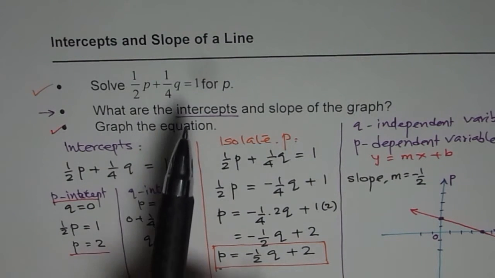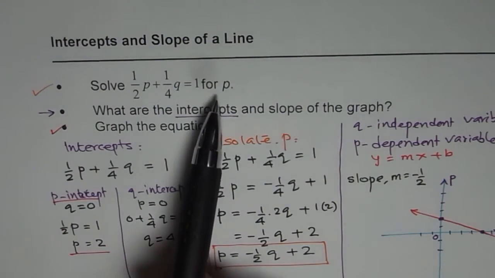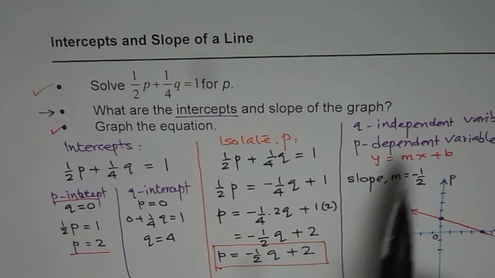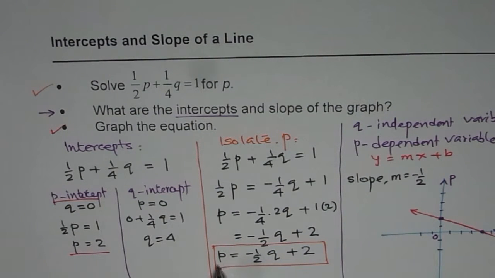In this case, we arranged them with p on the left side and q on the right side. In that case, we will treat q as the independent variable, p as the dependent variable, and then graph them using q on the x-axis and p on the y-axis.